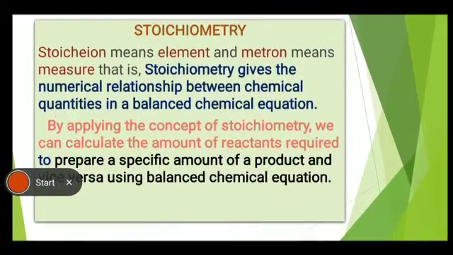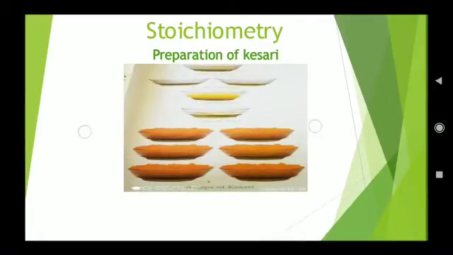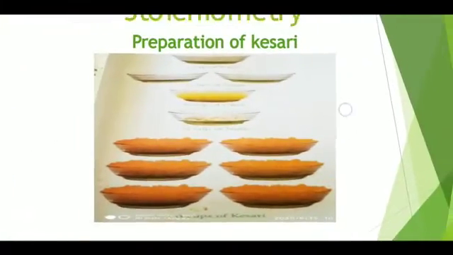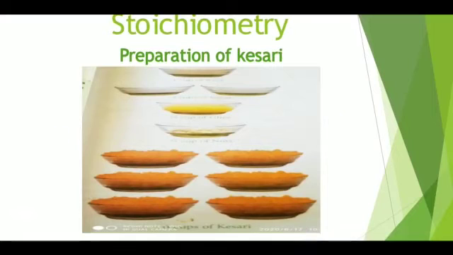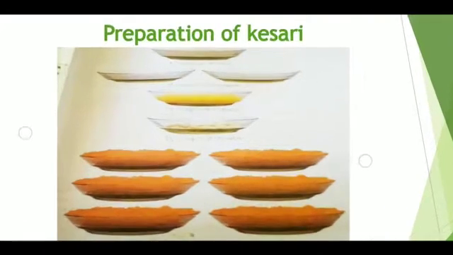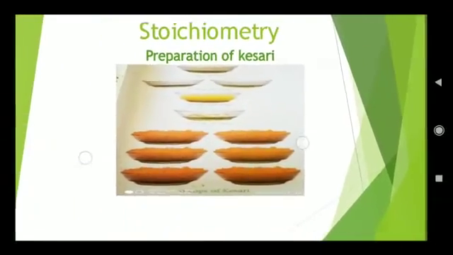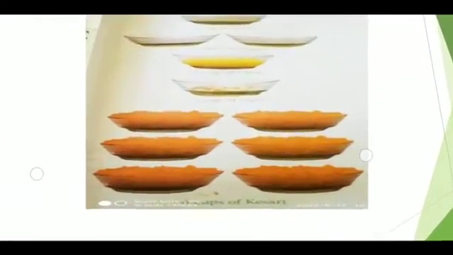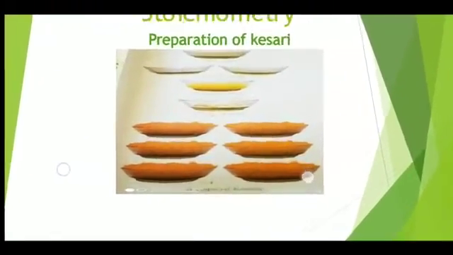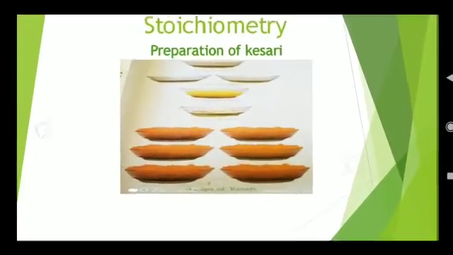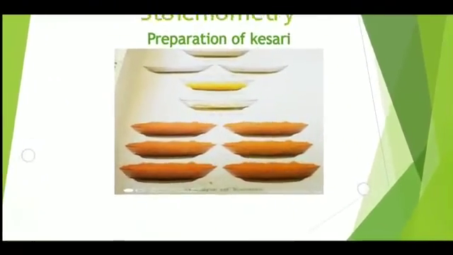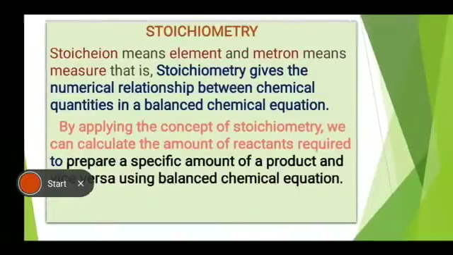To understand this in a better way, I take one example. In the kitchen, your mother may prepare kesari, isn't it? If she wants 6 cups of kesari, she has some required ingredients. For example, 1 cup rava, 2 cup sugar, half cup ghee, nuts and dry fruits. These kinds of ingredients in the correct proportion she is supposed to mix.